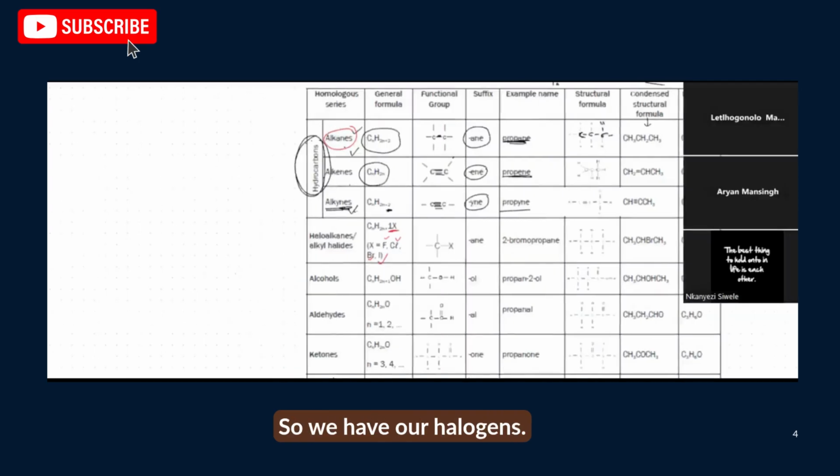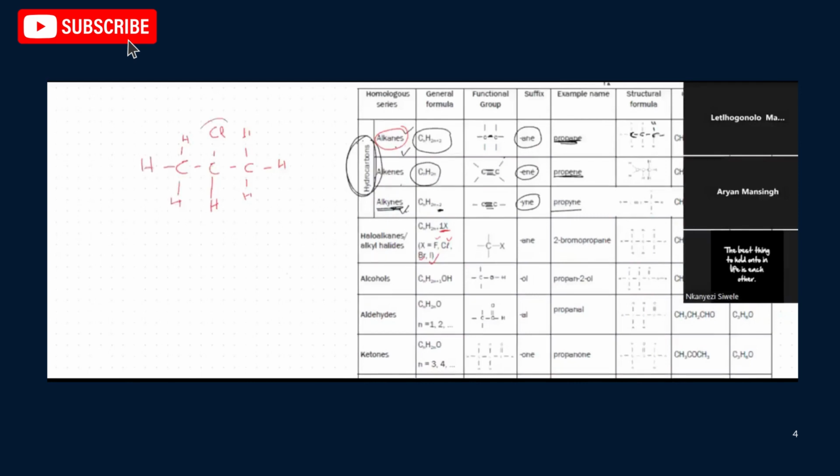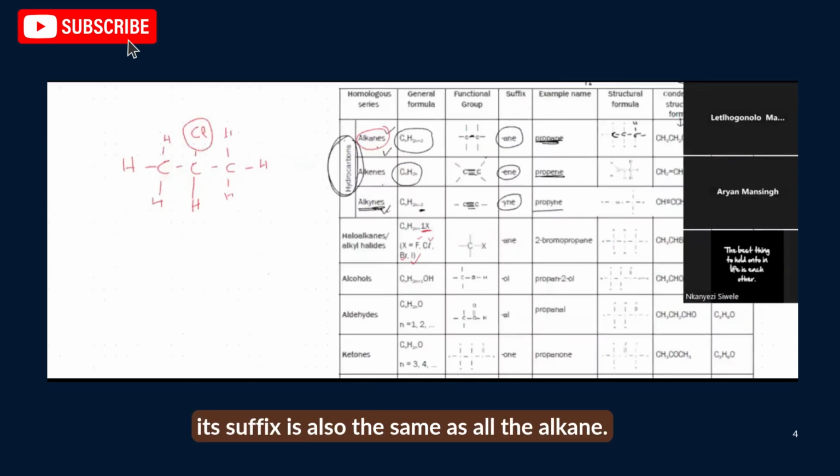So we have our halogens. So instead of having a regular propane, one of the hydrogens is going to be replaced by a halogen. In this case, I chose to replace it by a chlorine. Okay, so because it's similar to the alkanes, its suffix is also the same as the alkane.